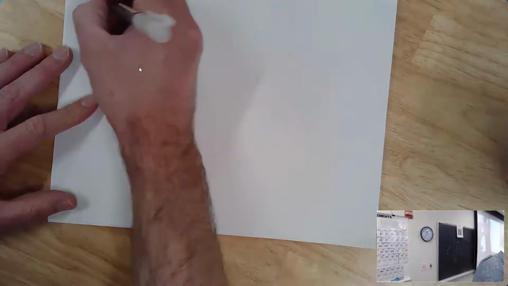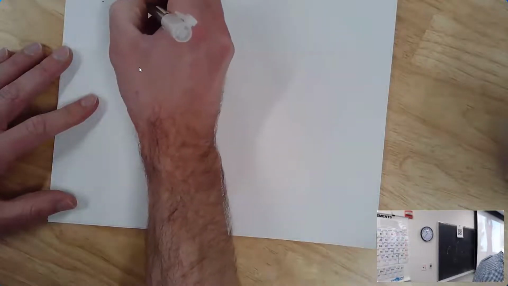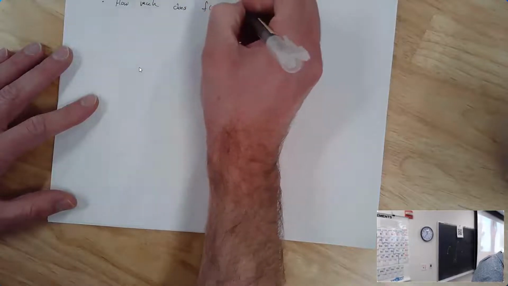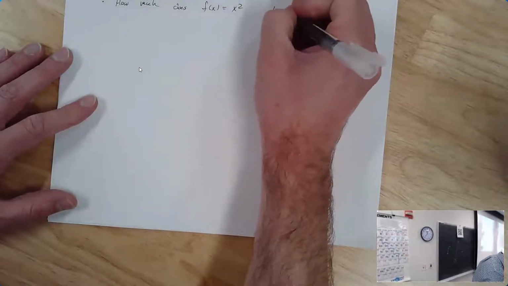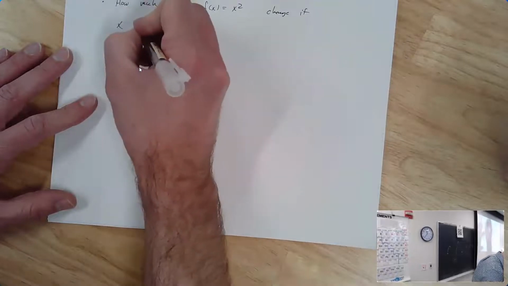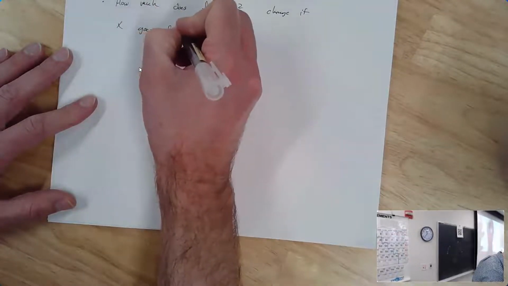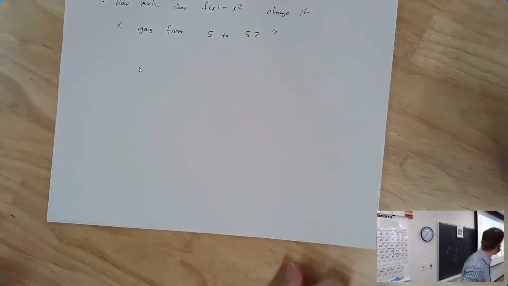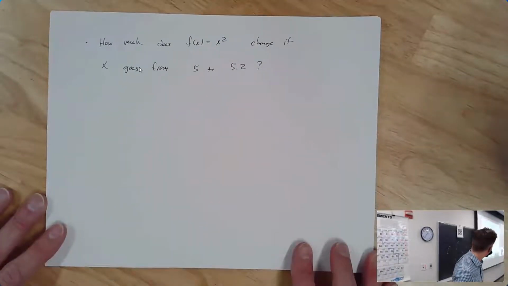So let's look at this example. How much does f of x equal to x squared change if x goes from, say, 5 to 5.2? Oops, sorry.